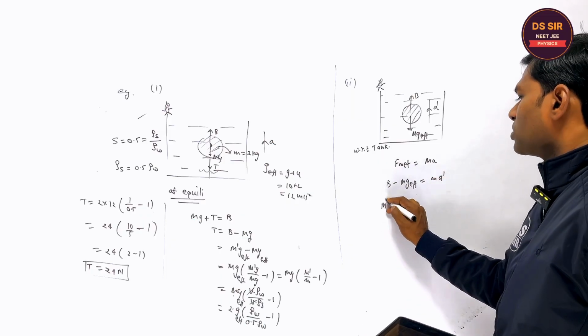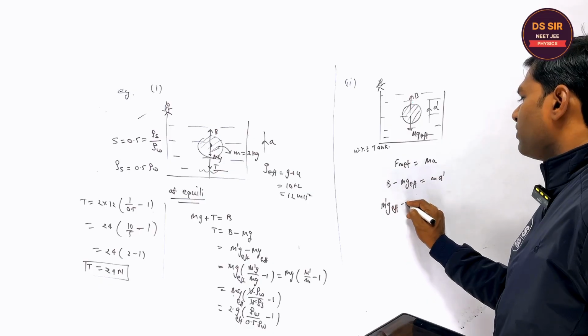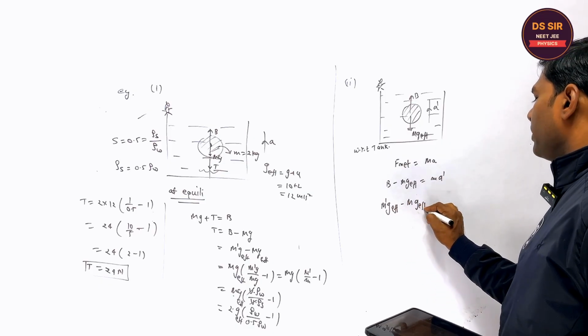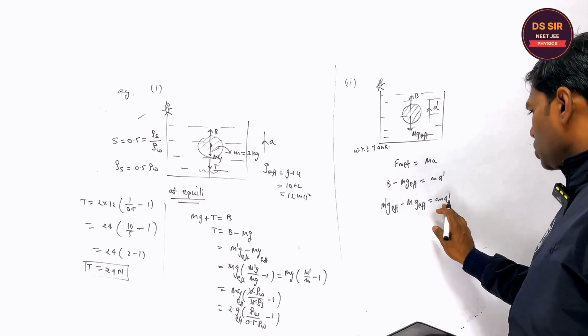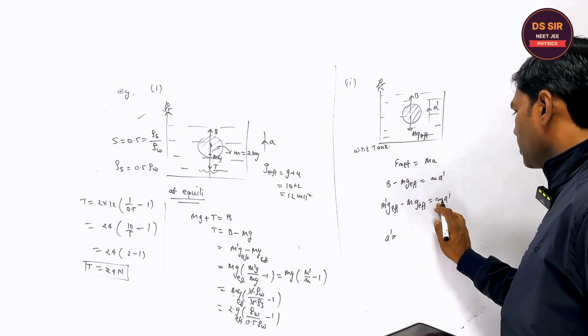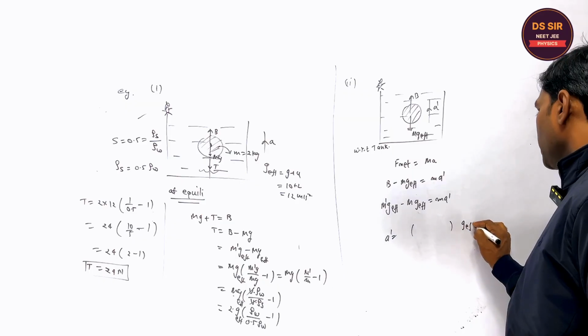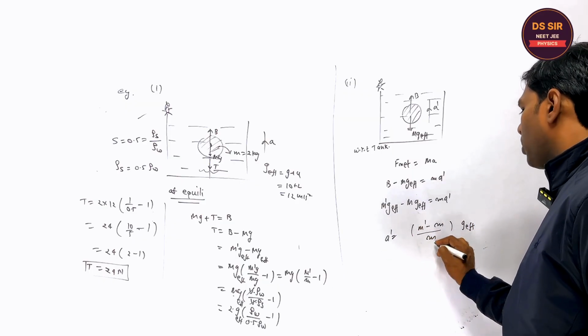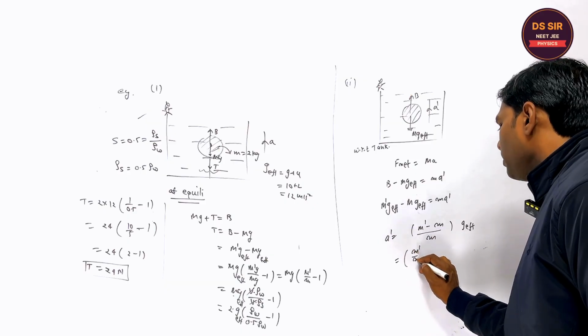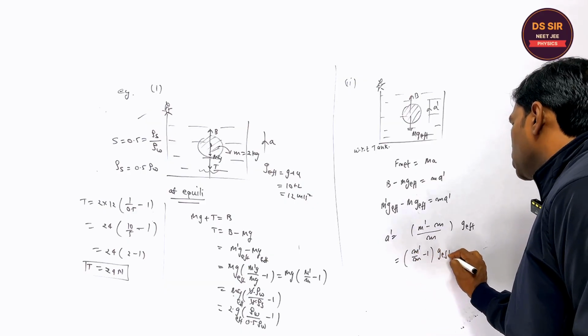What is the buoyancy force? Say m dash into g effective minus m into g effective equals m into a dash. Is it clear or not? So the a dash will be, g effective I will take common, m dash minus m upon m, m dash upon m minus 1 into g effective.